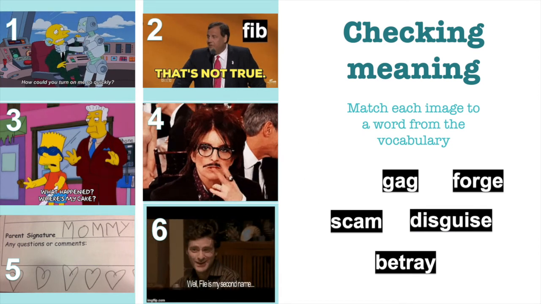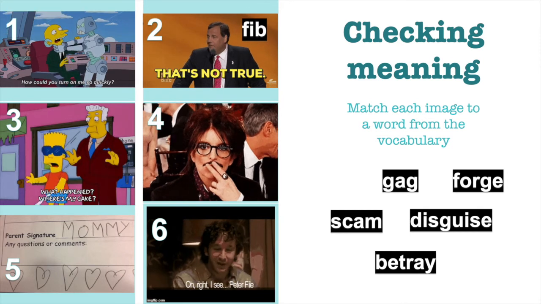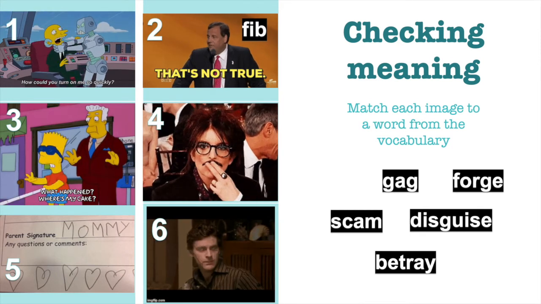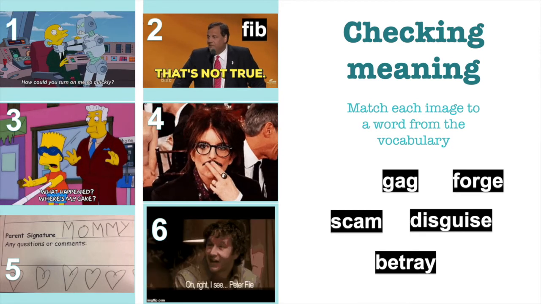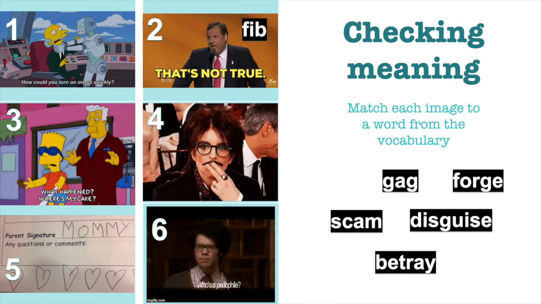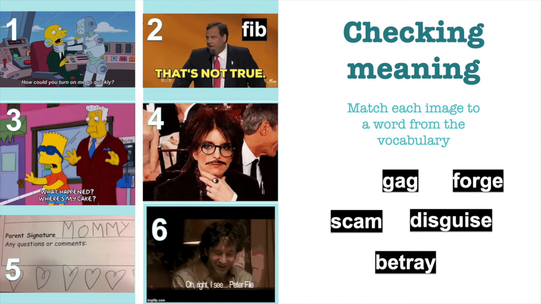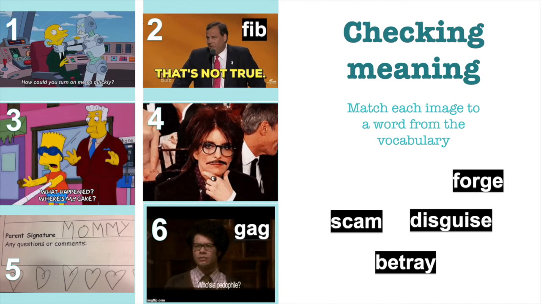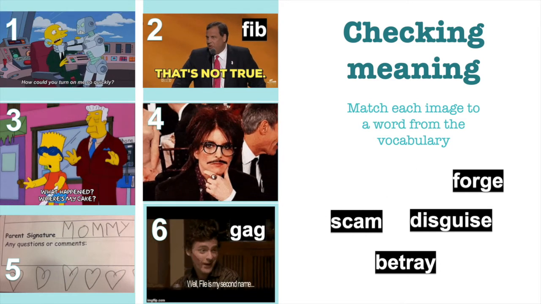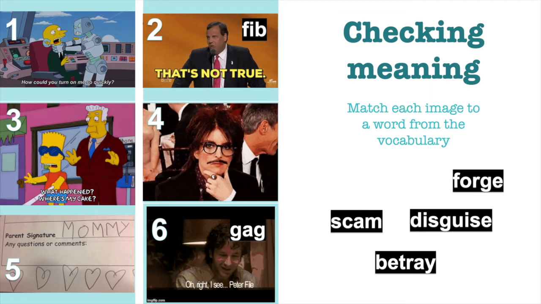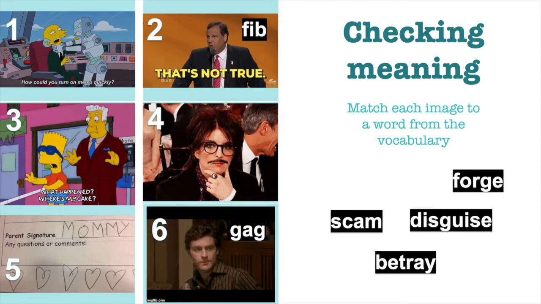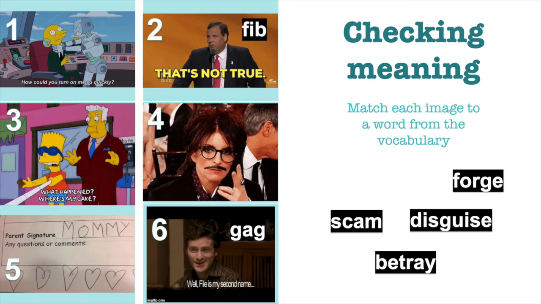Yeah, that's right. It's number 2. Remember that the fib is a lie, a white lie. What about a gag? Remember gag? Gag was a joke intended to be funny. Yeah, it's number 6. Very good. What about forge? Forge is a copy, an illegal copy of something.